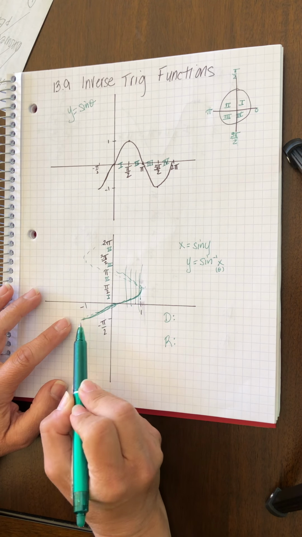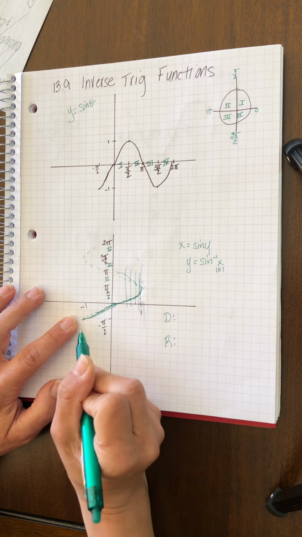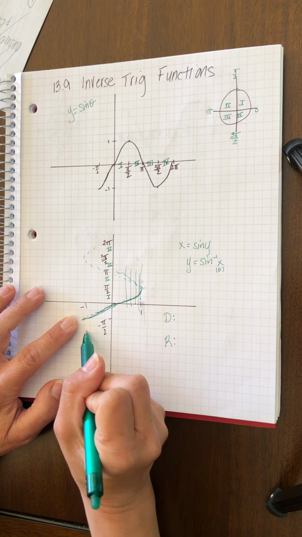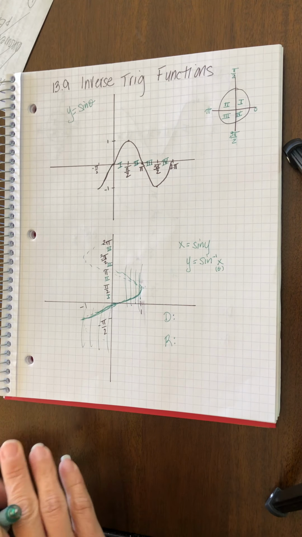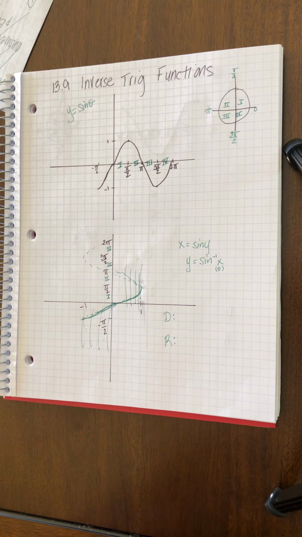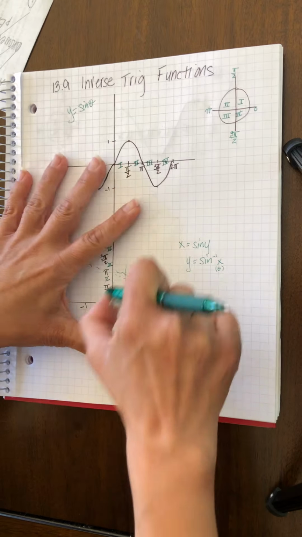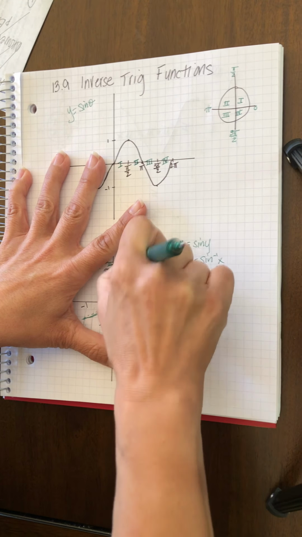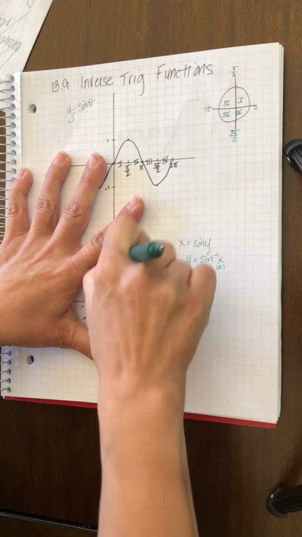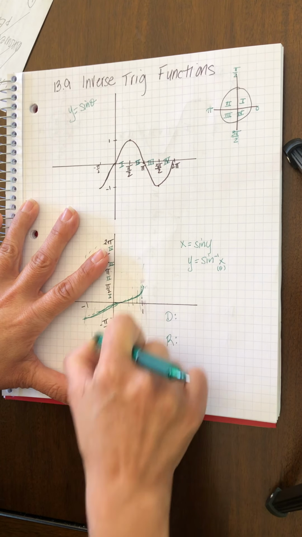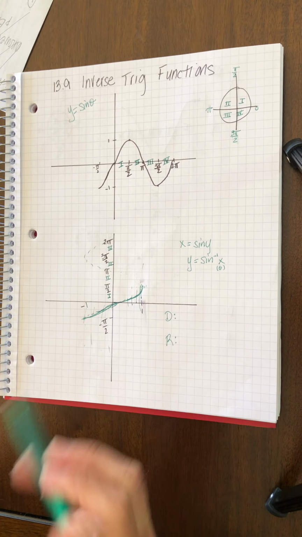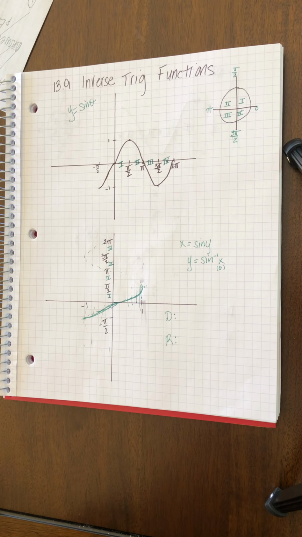If I'm at -1, negative pi over 2, and I start to curve around, fail, fail, fail, fail. So now the graph of the inverse sine curve looks like this. Do it on Desmos, you'll get a great picture.